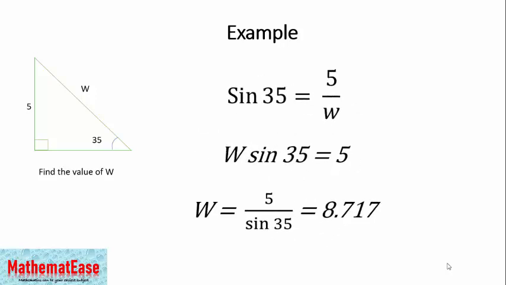Then I have W sine 35 is equal to 5. Then W is equal to 5 over sine 35. By the time you pick your calculator, you put 5 divided by sine 35, you get 8.717. And approximately, this is equal to 8.7.